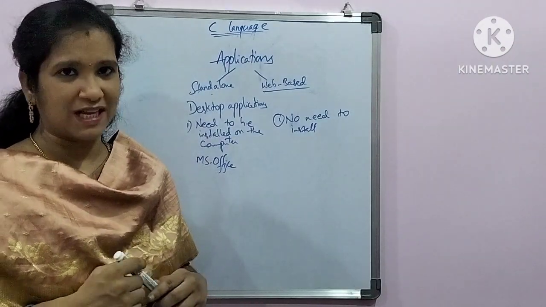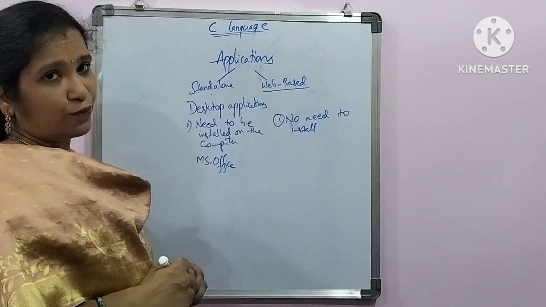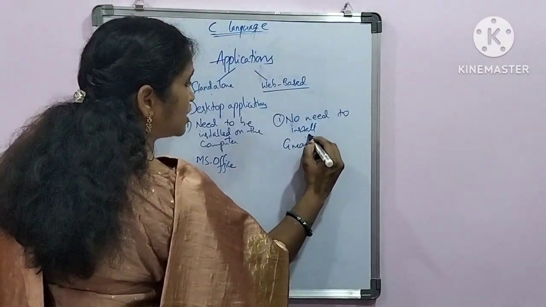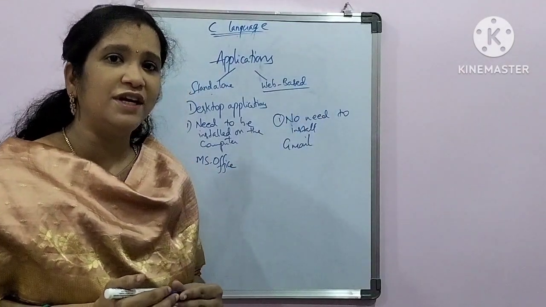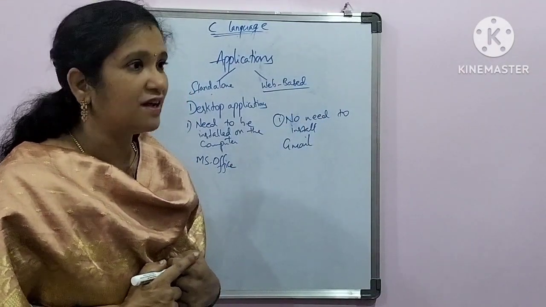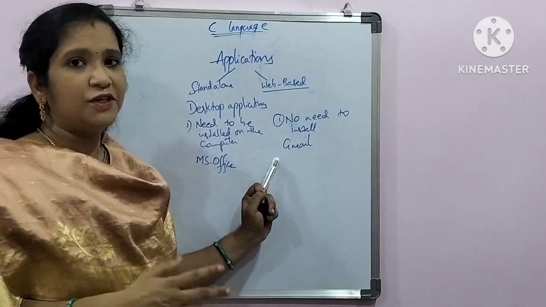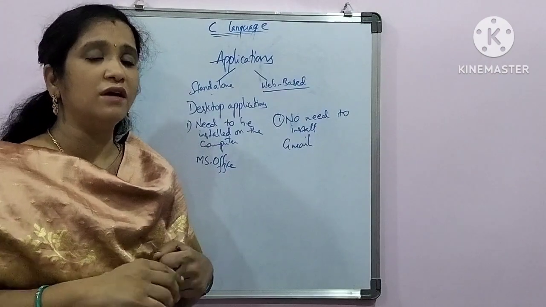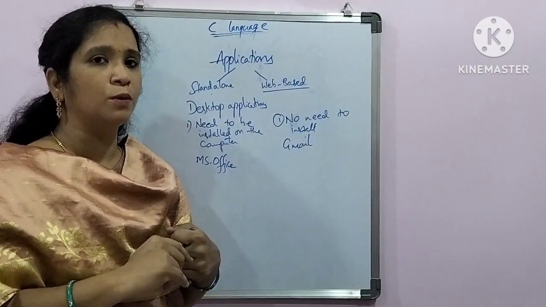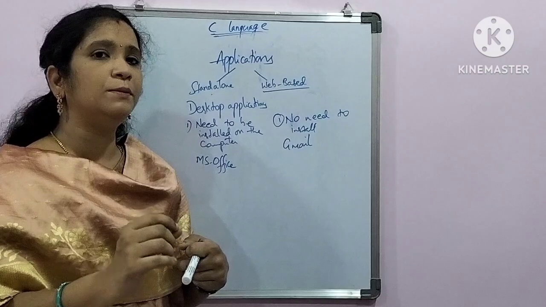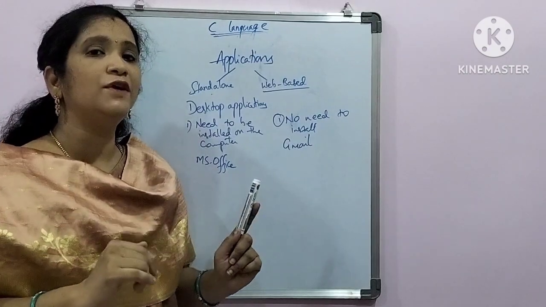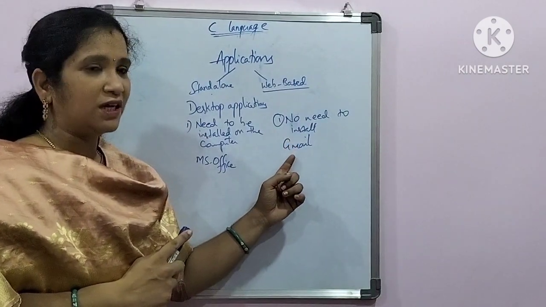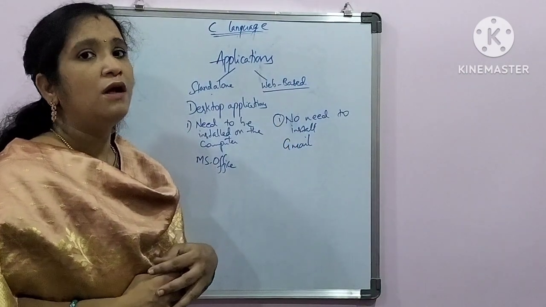Can you quote some examples? Examples of web based applications: if you want to access your Gmail, nowadays Gmail has some software, but previously we didn't have any Gmail software or Facebook software. Even nowadays, if you open Google Chrome and type www.gmail.com, it will open the login page. That means if you want to access the Gmail account, you are not supposed to install the Gmail software.